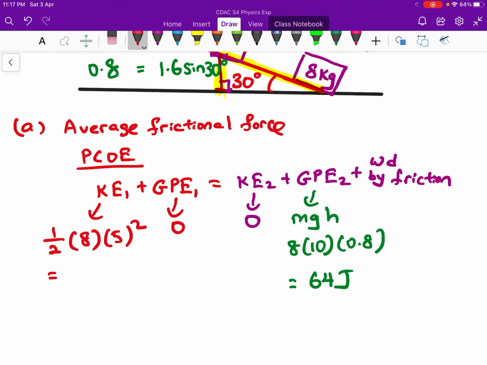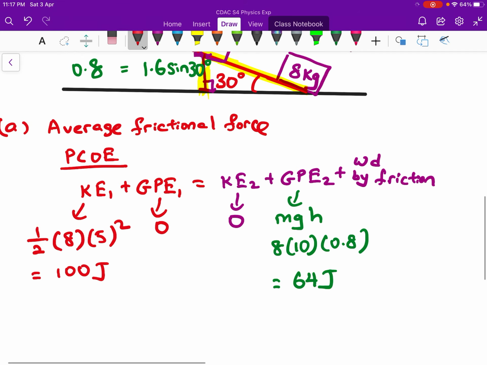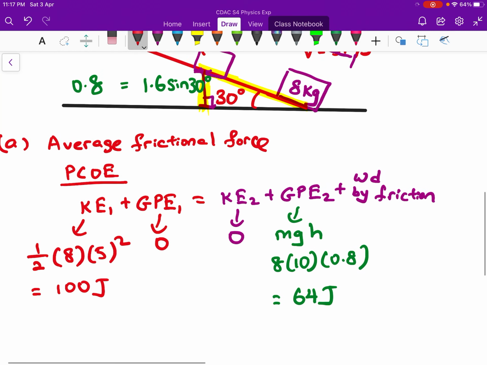Now I calculate my initial kinetic energy, and you can see it is bigger than my gravitational potential energy gain. So apparently there is some work done by friction, and this work is opposing the motion of the box.